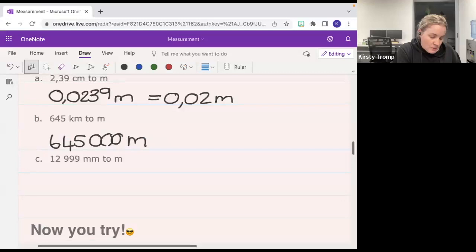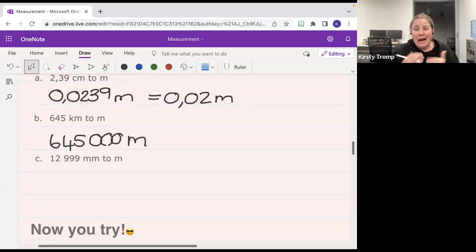Right, my last question there, 12,999 millimeters to meters. Okay, there are steps now, guys, that you can take to jump straight to meters. I like to do this so that it's done slowly.